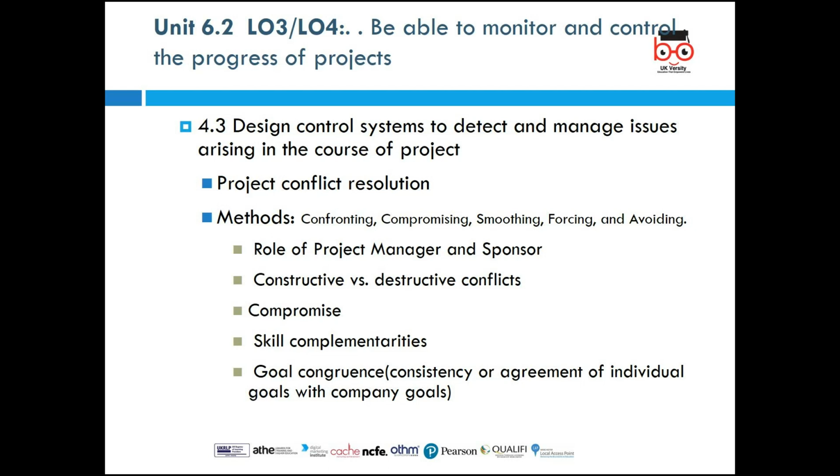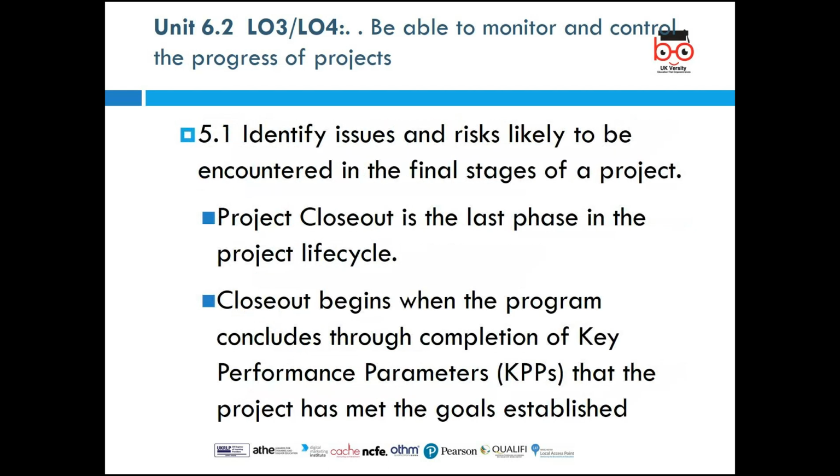We know the company goals, what we want to achieve within the project. We also have individual goals. We have to make sure that those two will come together if we will be able to solve any project. If you depend on company goals only or individual goals only, then we wouldn't be able to solve any conflict within an organization. We have to make sure that our personal goals, our personal ambitions and objectives, will be tied with the company goals.